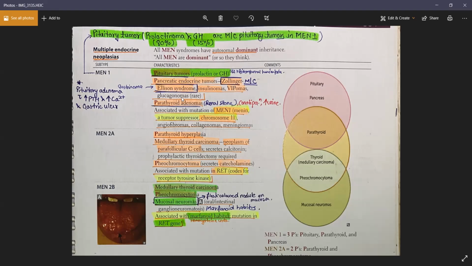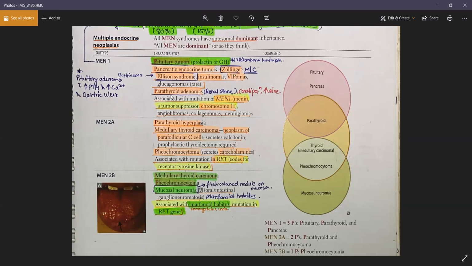You can have glucagonomas also, and you can have VIPomas, which release vasoactive intestinal peptide, released by the parasympathetic nerves to cause relaxation of the smooth muscles. Then for the parathyroid, you can have a parathyroid adenoma as well as hyperplasia. Both things can happen in MEN1.